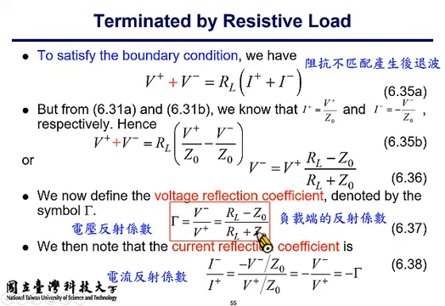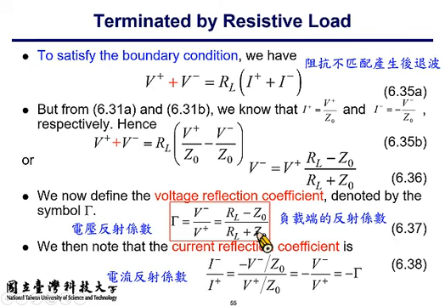And what happens if the load RL does not equal Z sub 0? Let me put two extreme cases first. How about if your termination is shorted? You have a short circuit at the termination. So for a short circuit, what is the RL value? It's 0, right? If RL equals 0, what is the reflection coefficient?